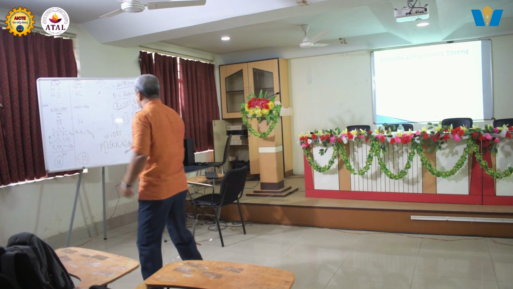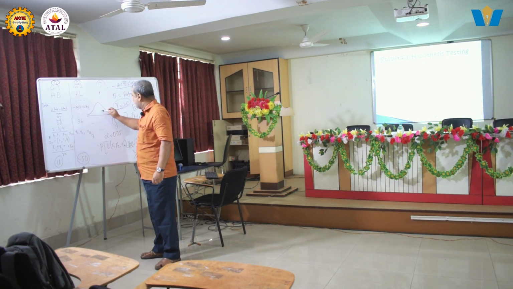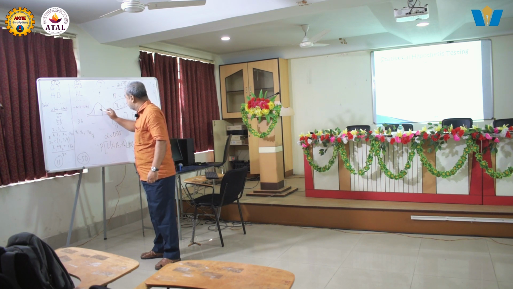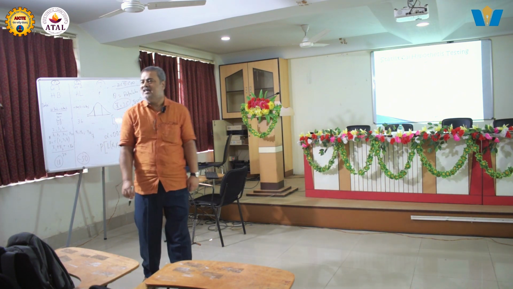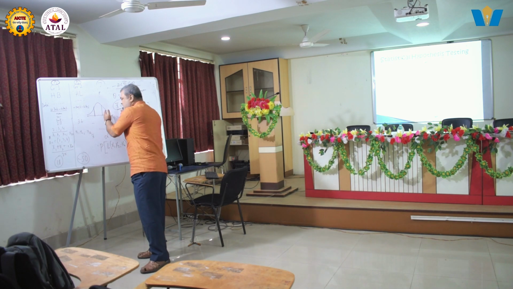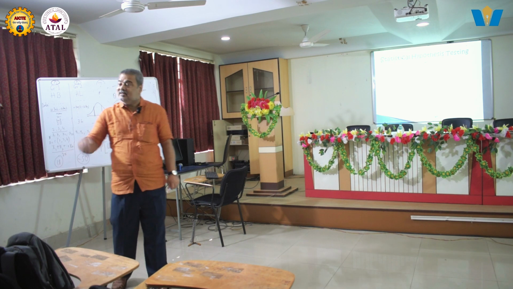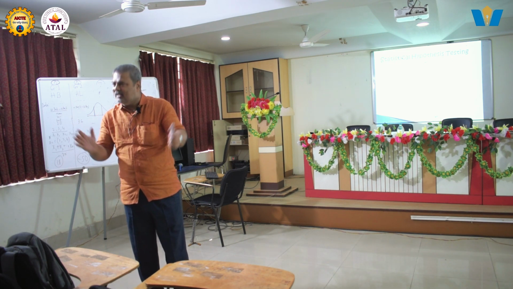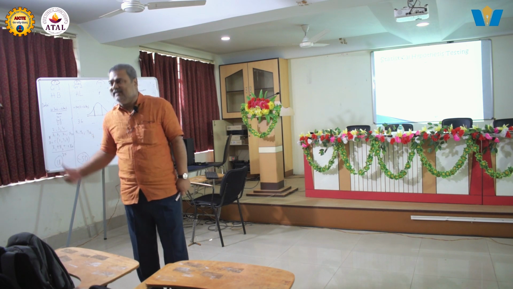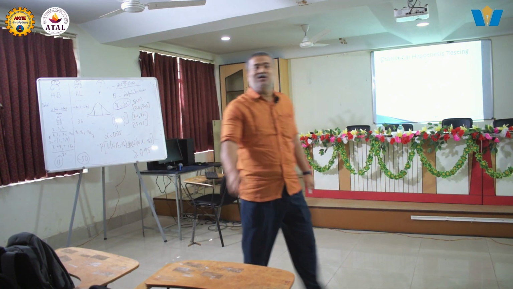Because of the symmetry, this gives the maximum possible probability. Otherwise, if you move to the right side or left side, then to get the same probability 0.95, the length would be more.